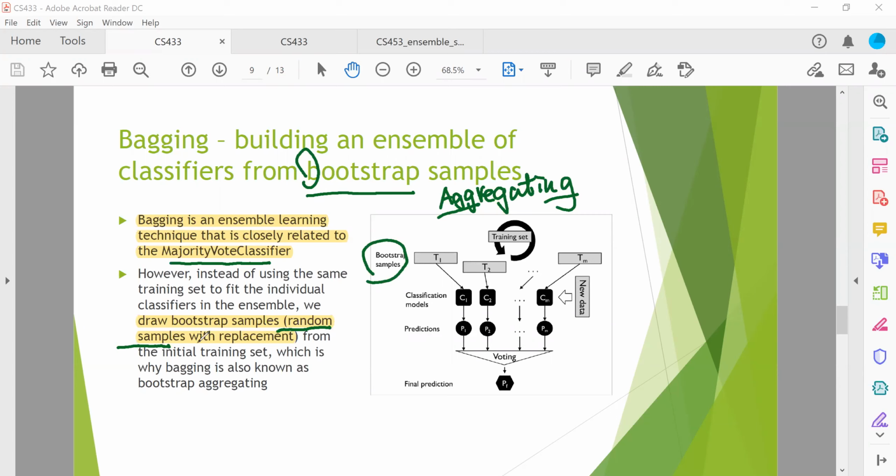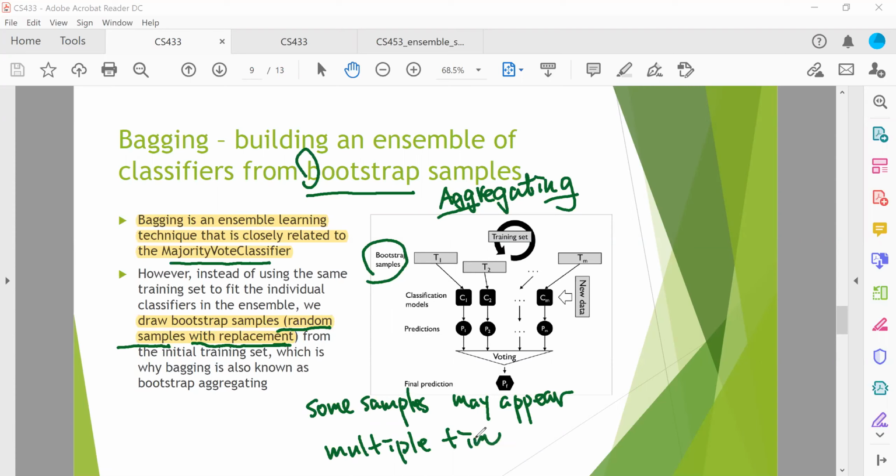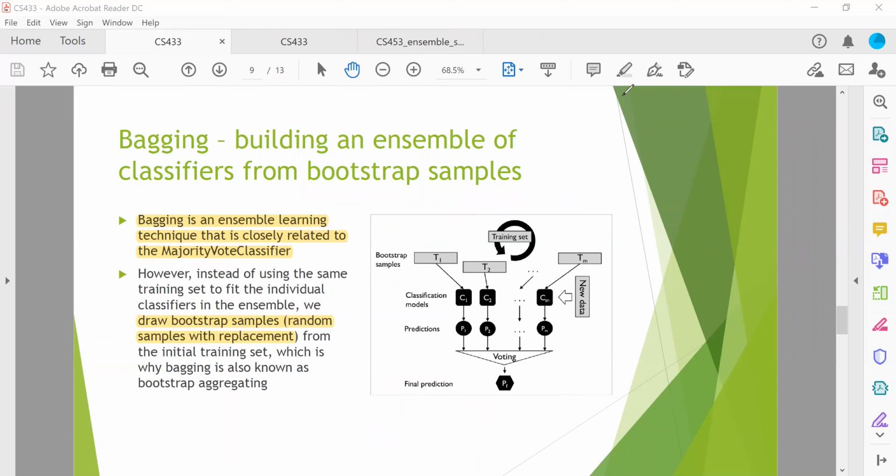But be careful, you will allow replacement, so some samples may appear multiple times. That's what we call bootstrap samples: random but allowing replacement.